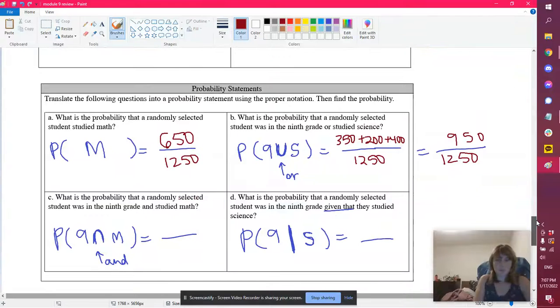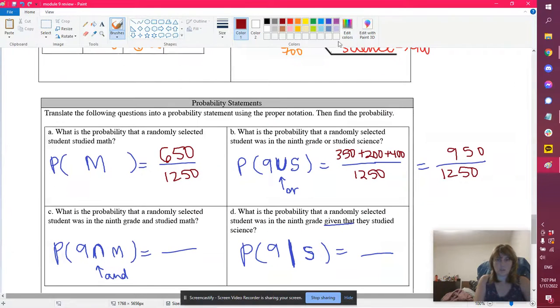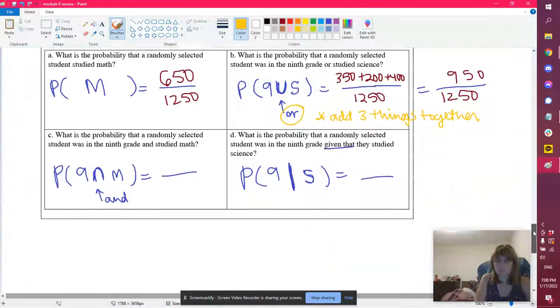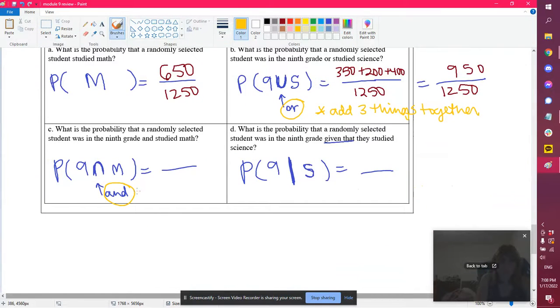This one says, what's the probability that a randomly selected student was in the 9th grade and studied math? Well, let me go back here. Or means add three things together. And means there's just going to be one thing. One little cell.